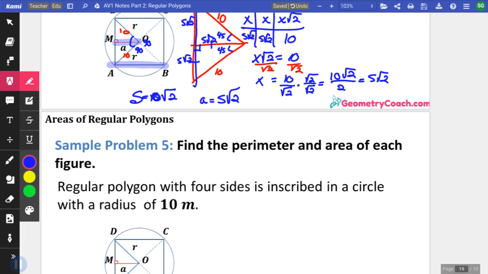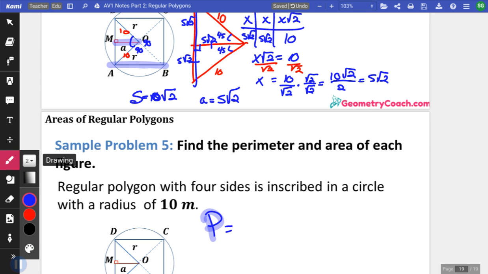If our side length is 10 root 2, then our perimeter is 40 root 2. 10 root 2 times 4. Our apothem was 5 root 2.